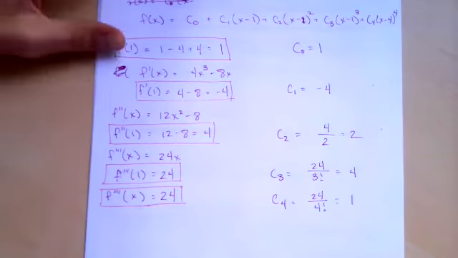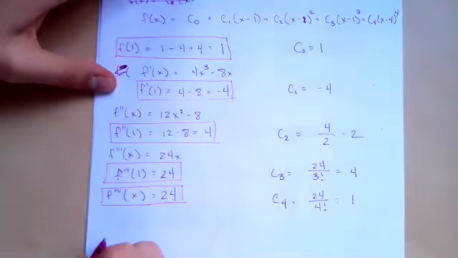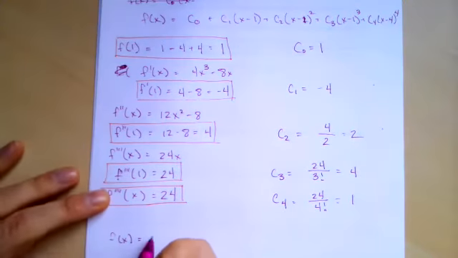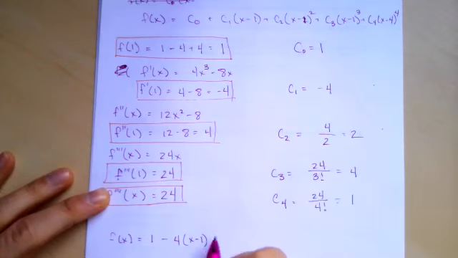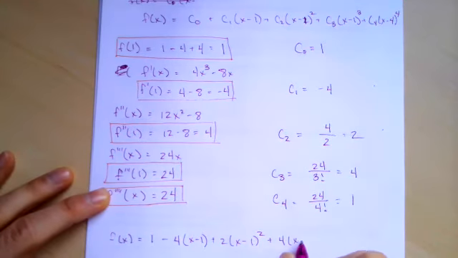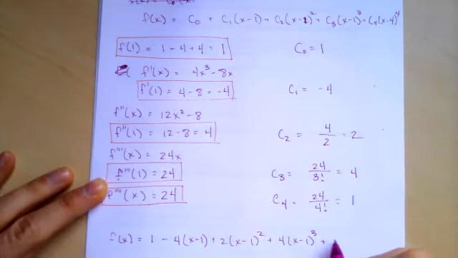A little bit of work to do for this guy, but then all we've got to do is write it out. So our f of x is going to be 1 minus 4, x minus 1 to the 1. Our C2 was 2, so plus 2, x minus 1 squared, plus 4, x minus 1 cubed, and then plus 1, x minus 1 to the 4th.